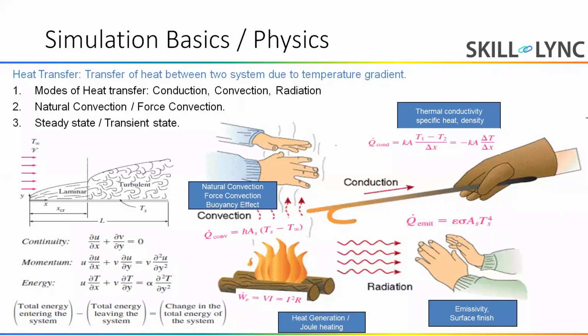There are different modes of heat transfer, mainly conduction, convection and radiation, and we have to connect these modes of heat transfer to the electronic components. In electronic components, we have heat generation because of Joule heating and trace heating. We'll take a few slides on how heat generation happens in electronics.